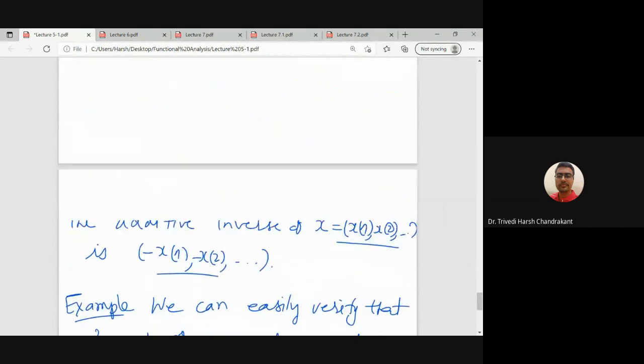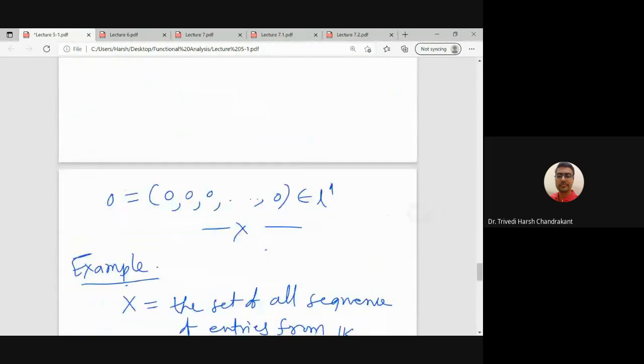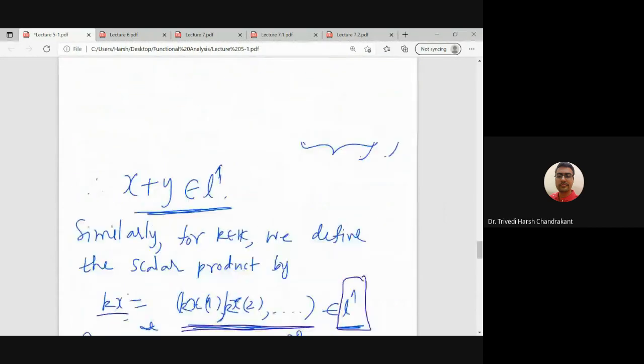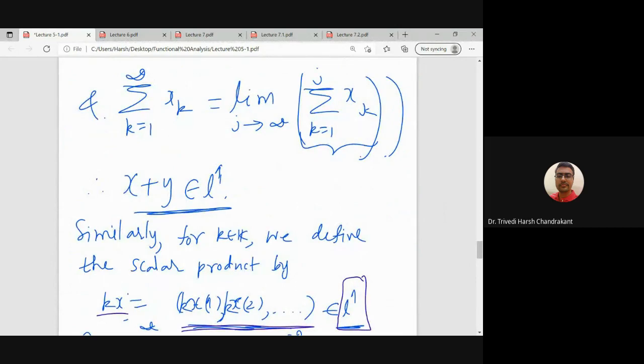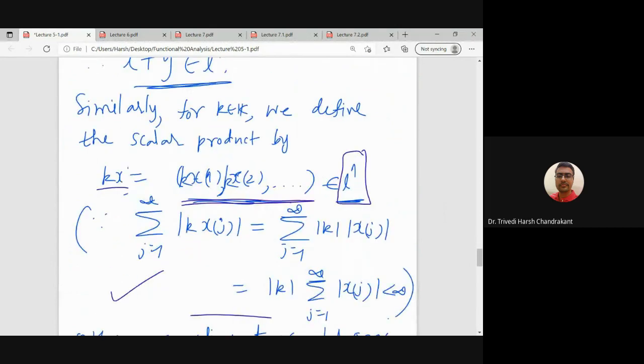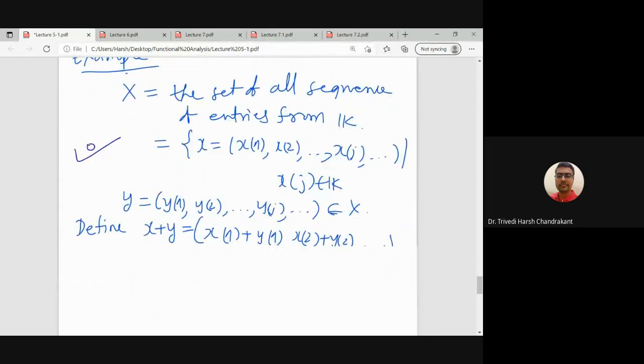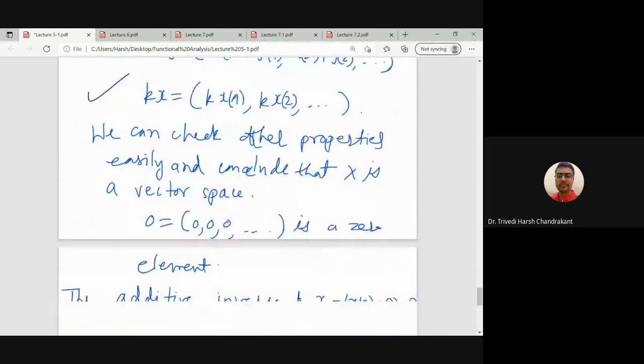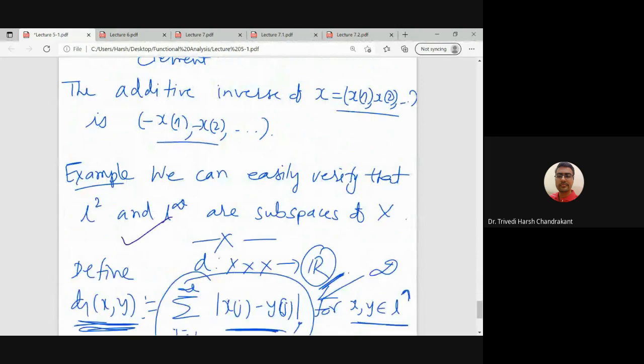We already verified that L1 is a subspace, since it is closed under addition and under scalar multiplication. Similarly, we can check it for L2 and L infinity. They are also subspaces. There we will consider the conditions of L2 and L infinity correspondingly.